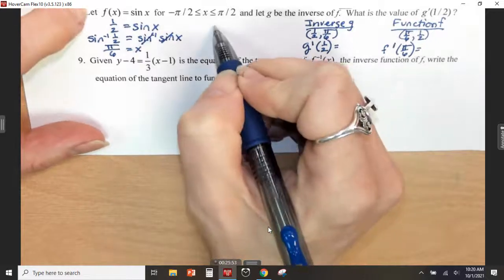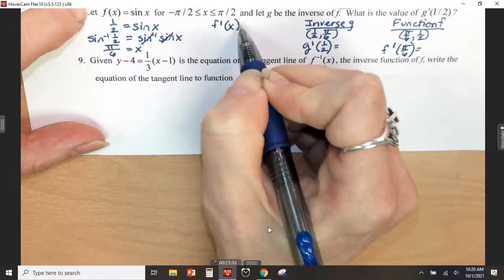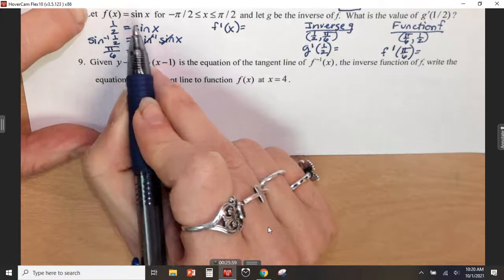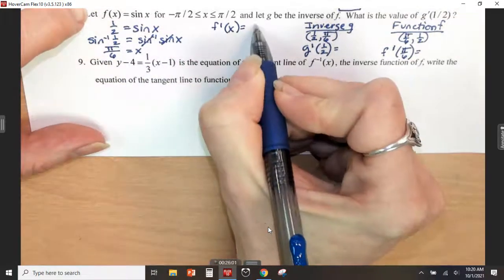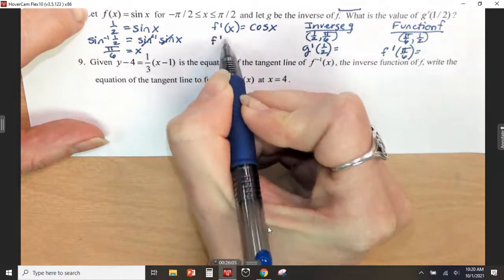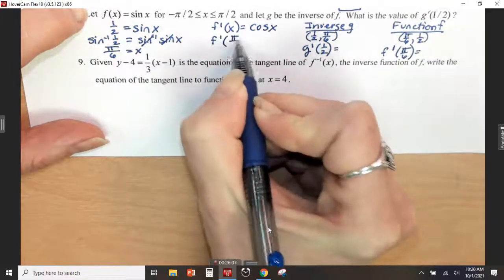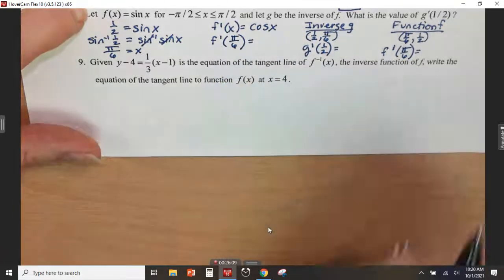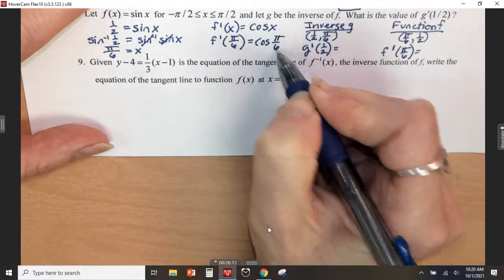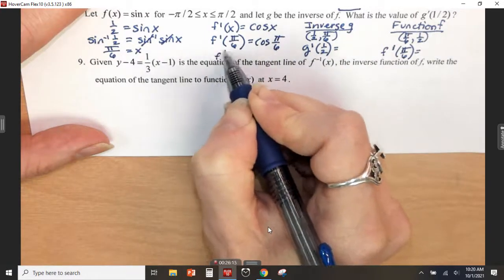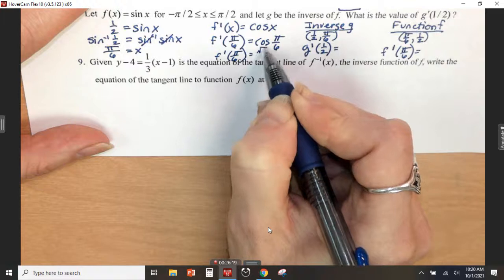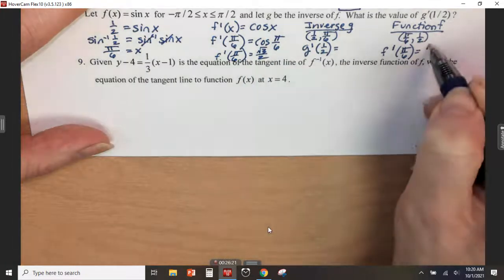What is f prime of x equal to? Cosine x. The derivative of sine of x is cosine of x. So what is the cosine of pi over 6? Square root of 3 over 2. Very good.